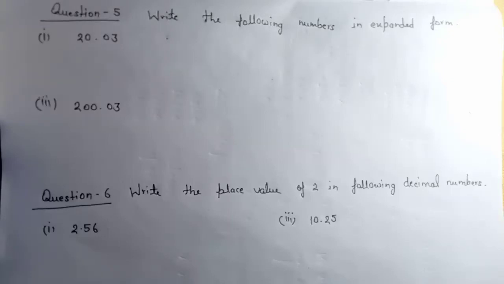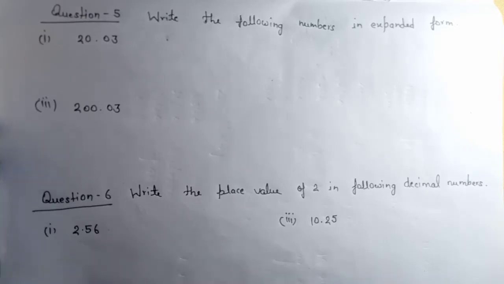In question number 5, write the following numbers in expanded form. First is 20.03. Here 0 is written in the ones place, and 2 is the digit written in the place of tens.